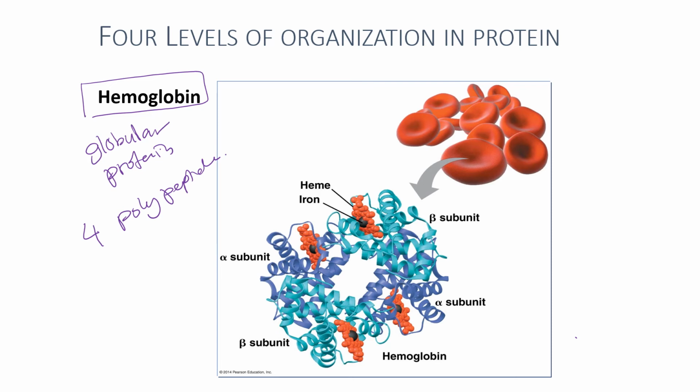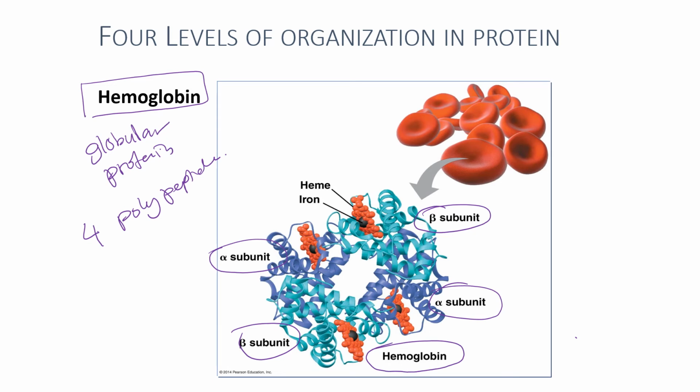Hemoglobin here has 2 alpha subunits and 2 beta subunits to form a functional hemoglobin.